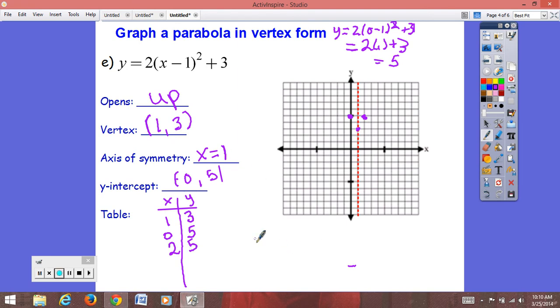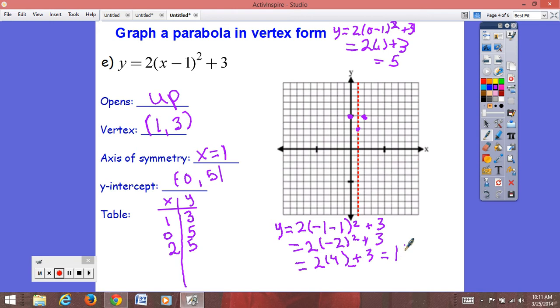So I'm going to plug in -1. So we get y equals 2 times -1 minus 1 squared plus 3. -1 minus 1 gives us -2 squared. -2 squared is 4. 2 times 4 is 8, plus 3 is 11.